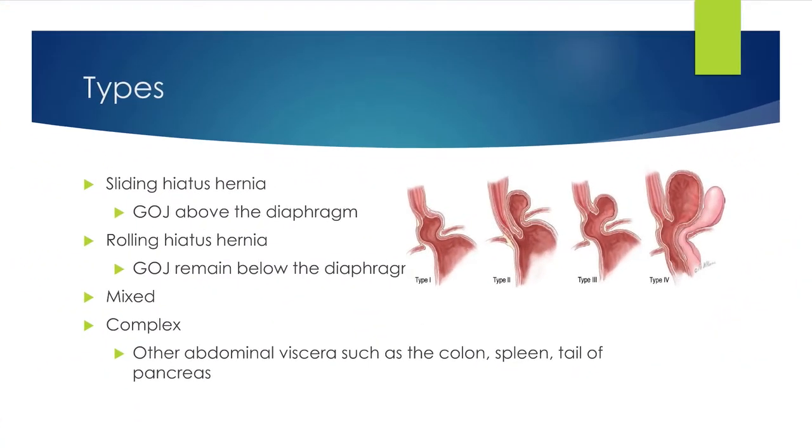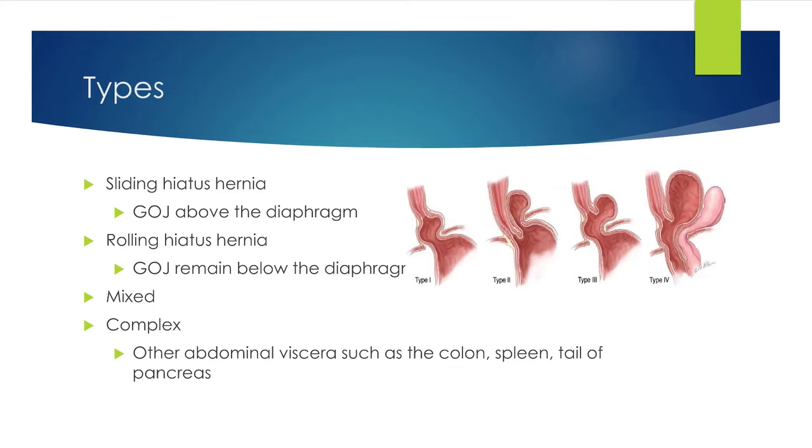The most common is the sliding hiatus hernia. It's called sliding because the gastroesophageal junction migrates above the diaphragm, and the proximal part of the stomach to a variable degree will be sucked up into the chest. The size could vary from a small one to a massive one where the entire stomach could sit in the chest.